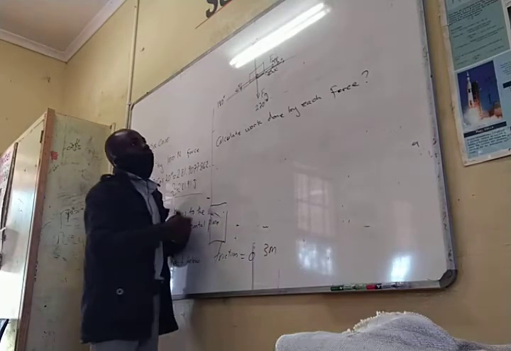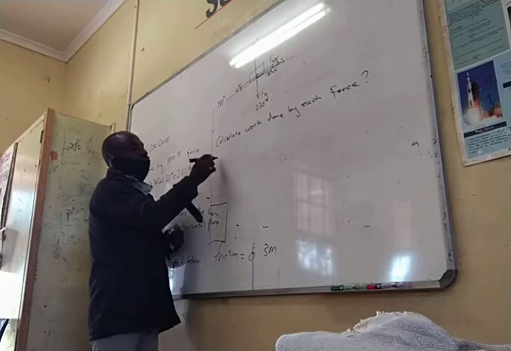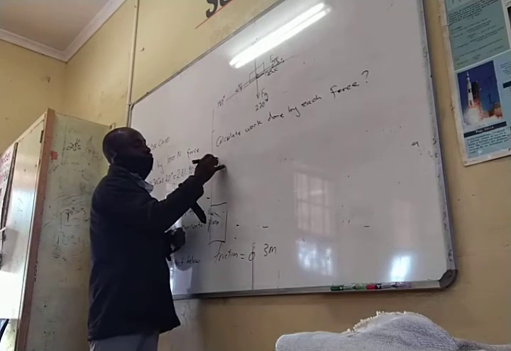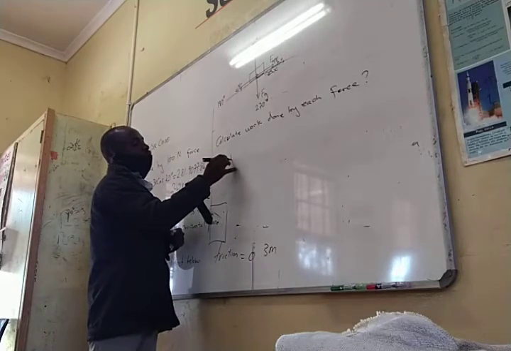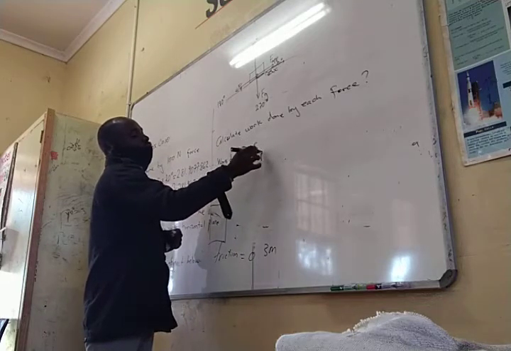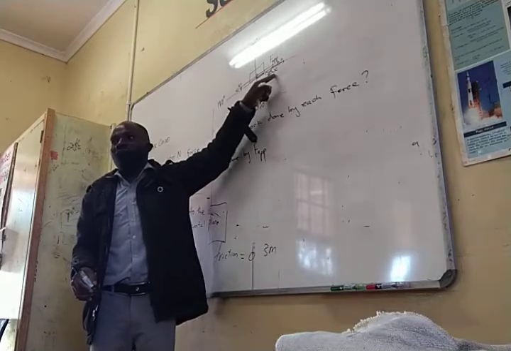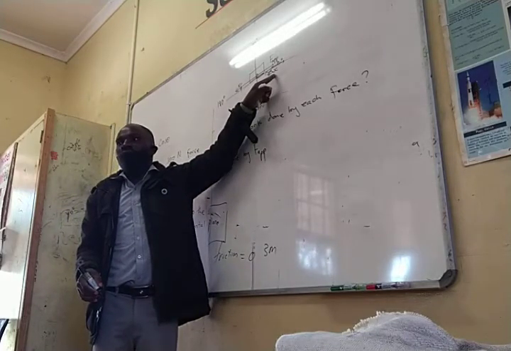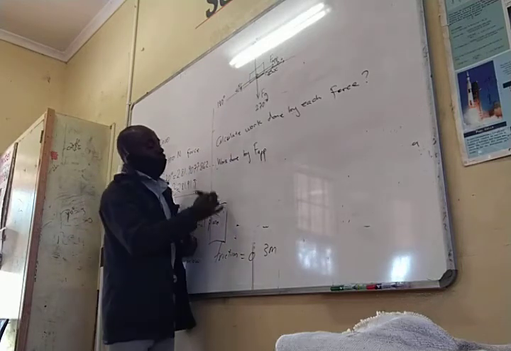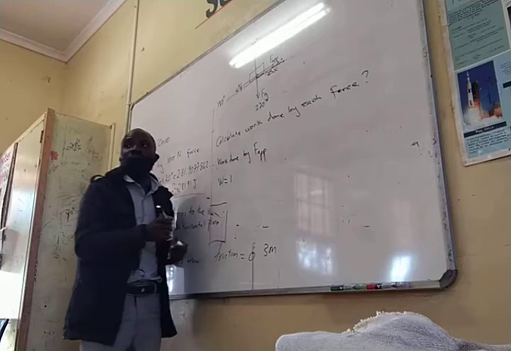We now know how to find the work done by the applied force. So let's start with the work done by F applied. Remember, delta x is here at this point.